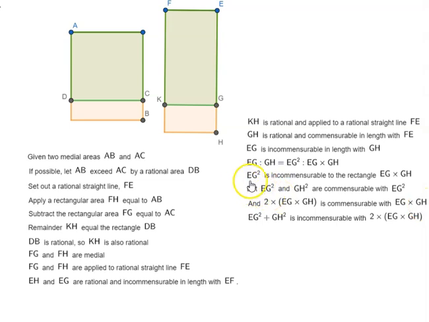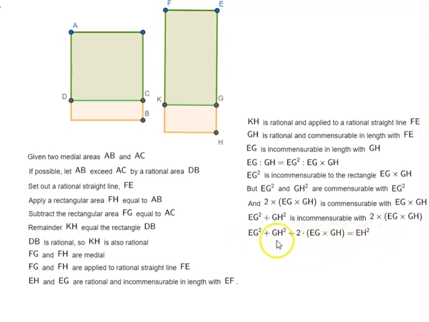But here in all this, EG square is incommensurable to the rectangle EG by GH. So that means EG square plus GH square is incommensurable with 2 times EG by GH.